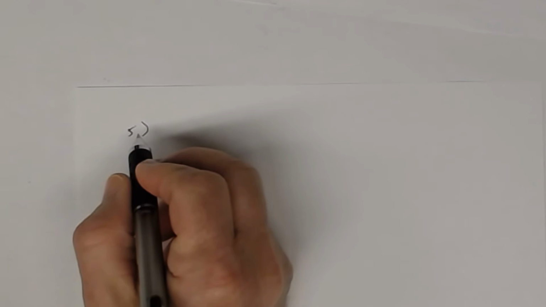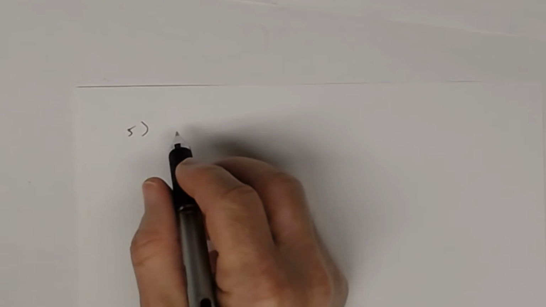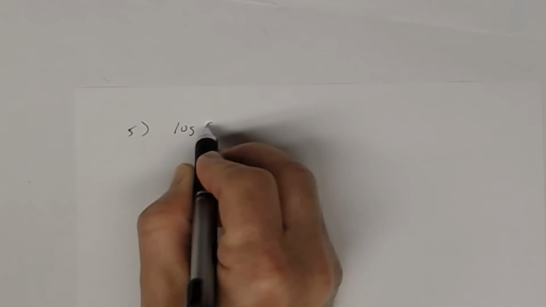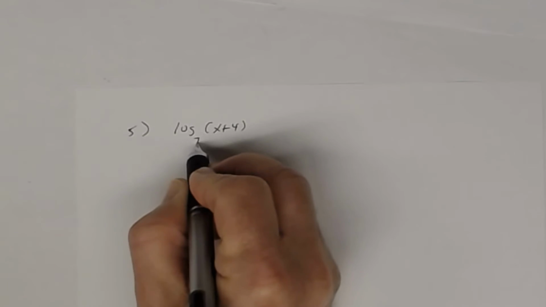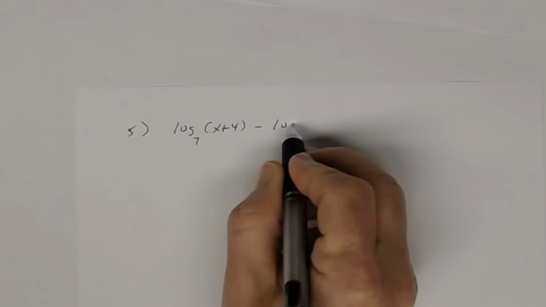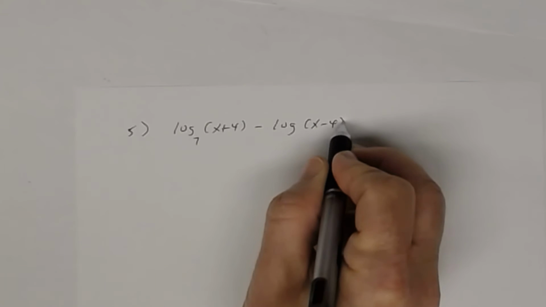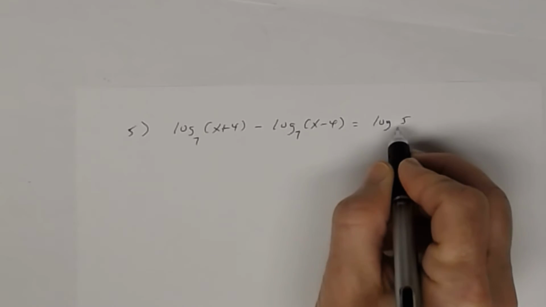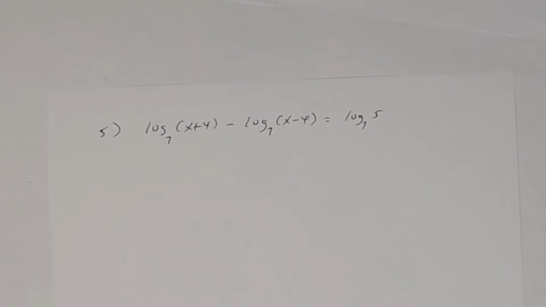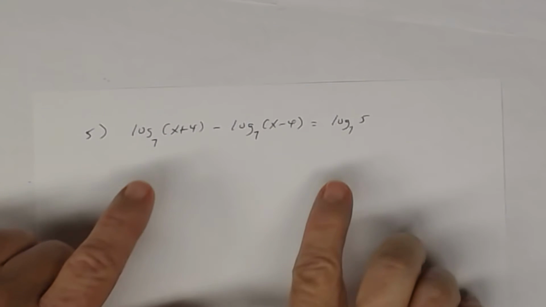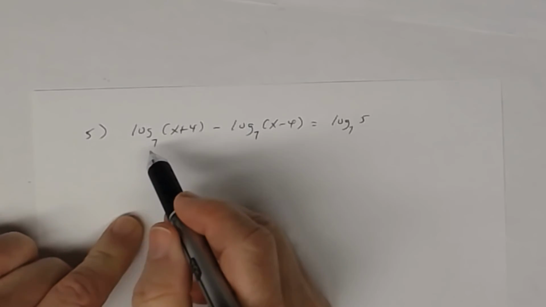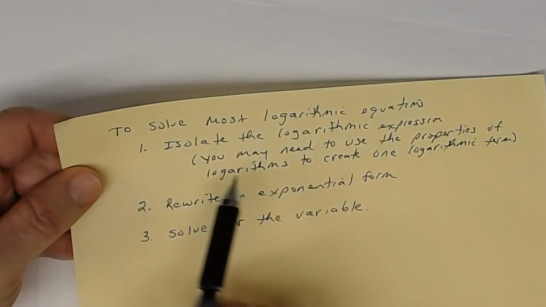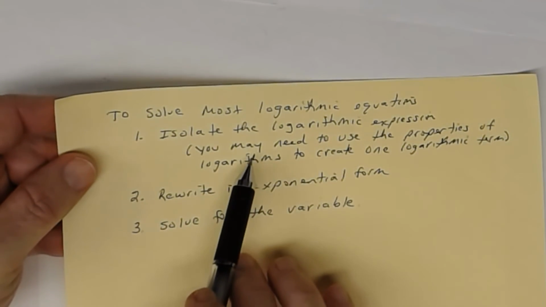Okay, number 5. So in number 5, we have the log of x plus 4 base 7 minus the log of x minus 4 base 7 equals the log of 5 base 7, right? Okay, so notice again, you have logs on both sides, but the first step you have to do is make sure you write it as one log term.